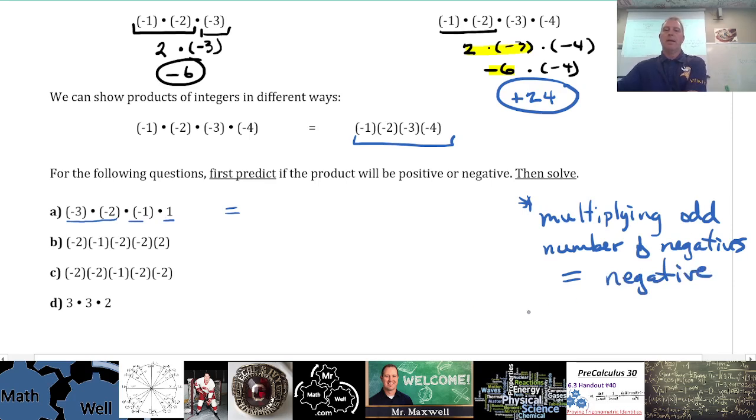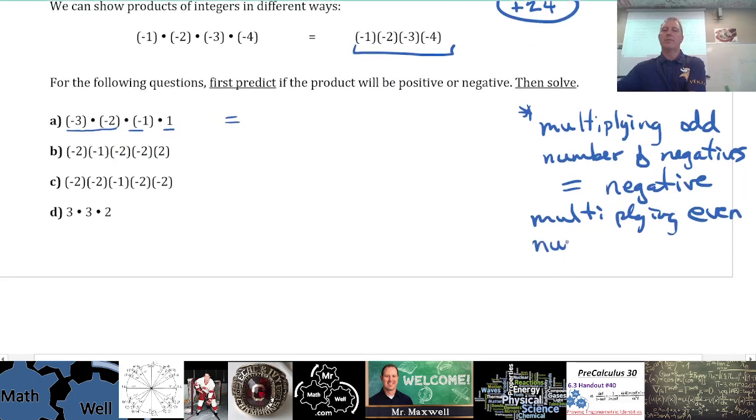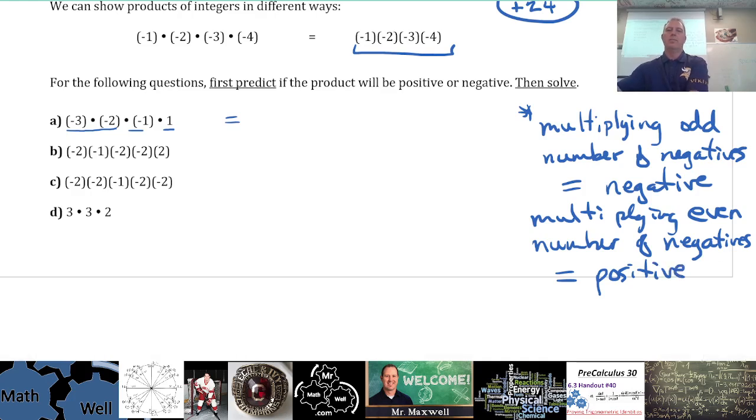And then multiplying an even number of negatives is positive. All right, so an odd number of negatives is negative, an even number of negatives is positive.